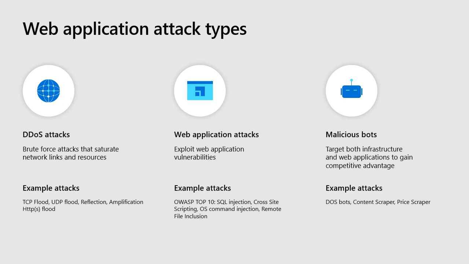These are small applications that are typically running on hundreds or even thousands of PCs and mobile devices that are coordinated through a remote command and control center to target both infrastructures and web applications. This would include bots that perpetrate denial of service attacks, content scraper, and also price scraper type of attack.